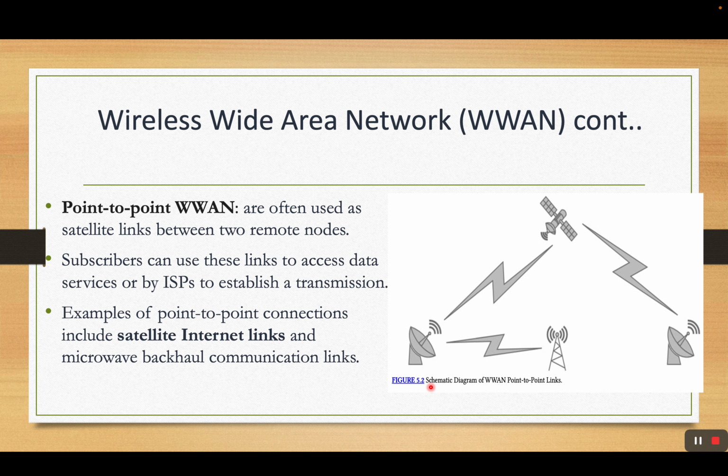You could see this type of thing, like a small dish like this, especially in rural areas or in the mountains, an area where it's impossible to have a fiber optic cable connection. Now, in a point-to-point wireless WAN, if a satellite is synchronized with the Earth's orbit, it is commonly referred to as geosynchronous.